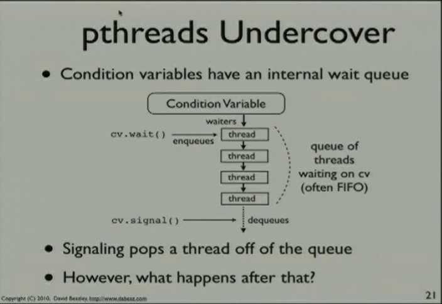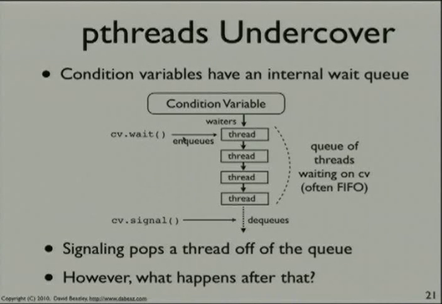It turns out that the condition variable that the GIL uses is built largely around a queue of waiting threads. So if a thread comes in and says, I want the GIL, it actually gets deposited on some queue somewhere in the pthreads library. And then it will wait there until it gets popped off by a signaling operation.